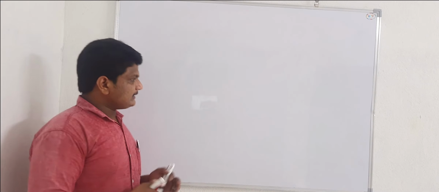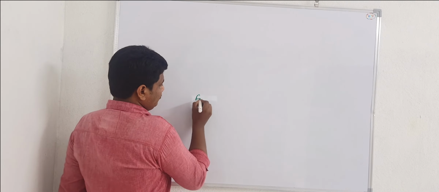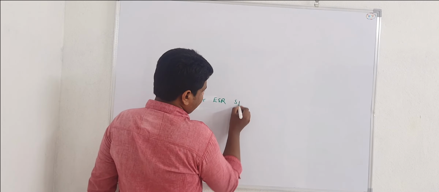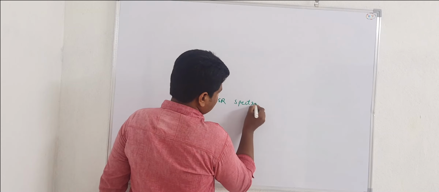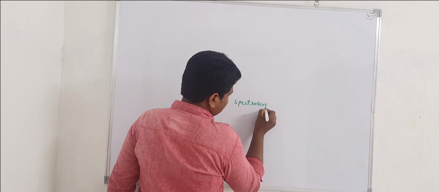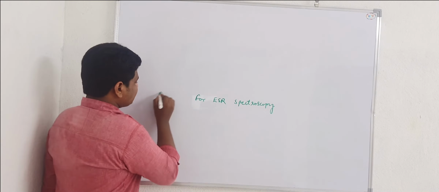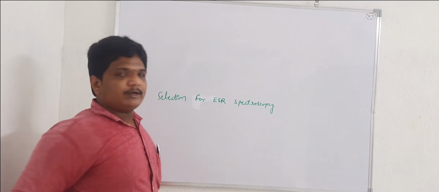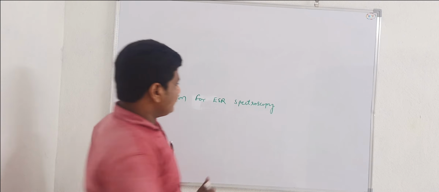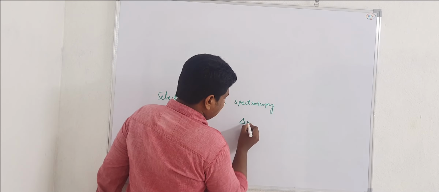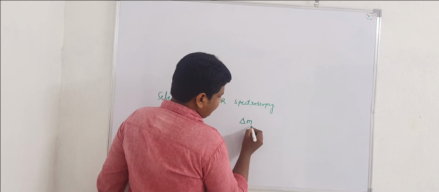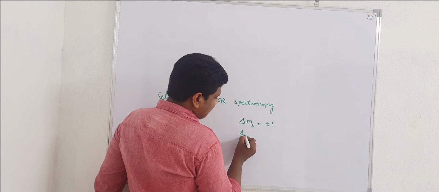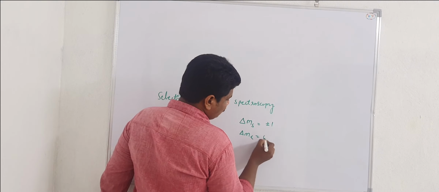So let us solve this question. For ESR spectroscopy, the selection rule is delta ms is equal to plus or minus 1 and delta ml is equal to 0.